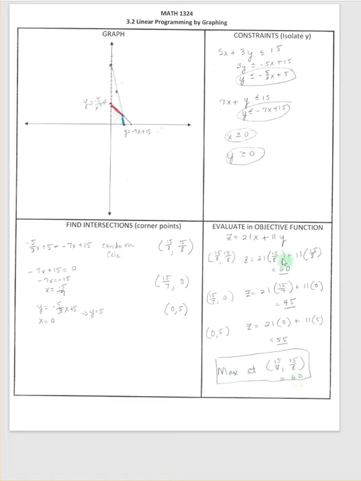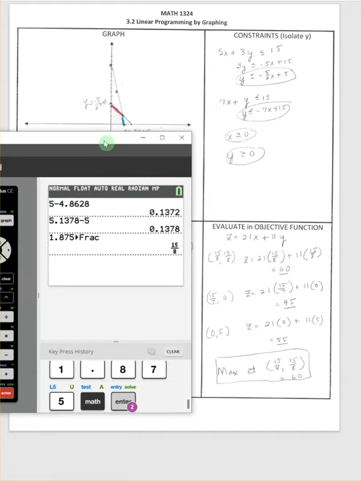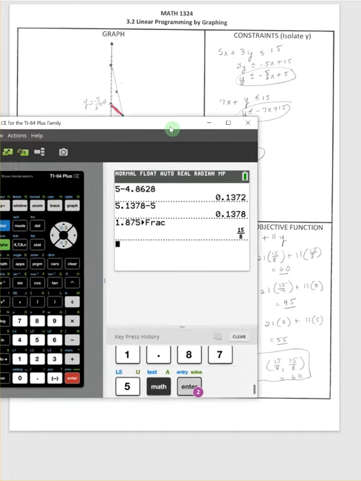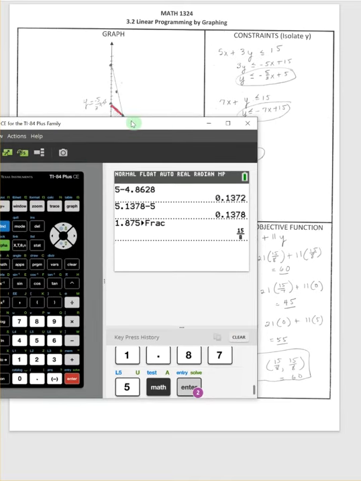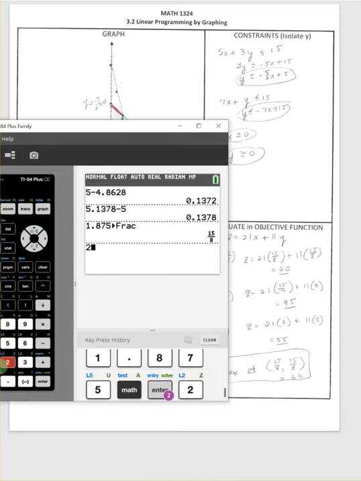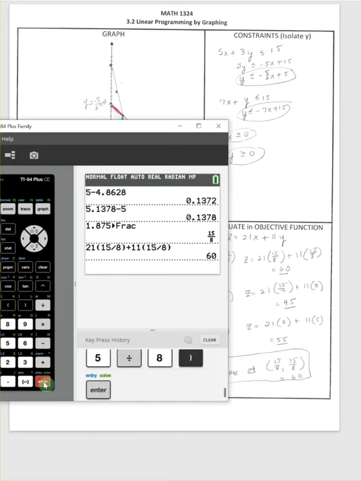Now, this part you can totally do on your calculator. You're going to see the screen. If I do 21 parentheses 15 divided by 8, close, plus 11 parentheses 15 divided by 8, close, enter, and you get 60.